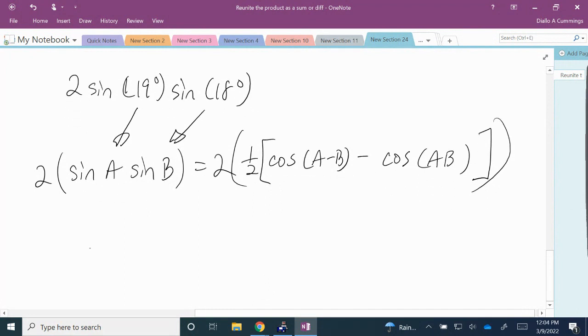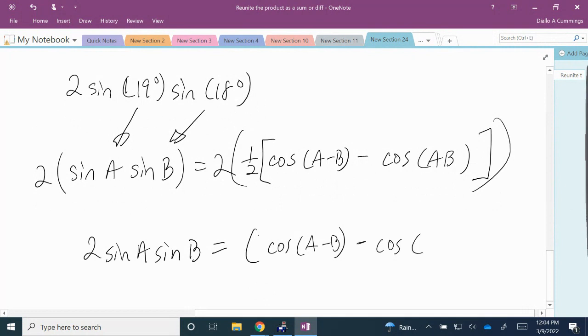Right. So if I write out the left-hand side, I have 2 sine A sine B, right, which now fits our formula exactly. On the right-hand side, 2 times 1/2 is 1, so I'm left with cosine A minus B minus cosine A plus B.